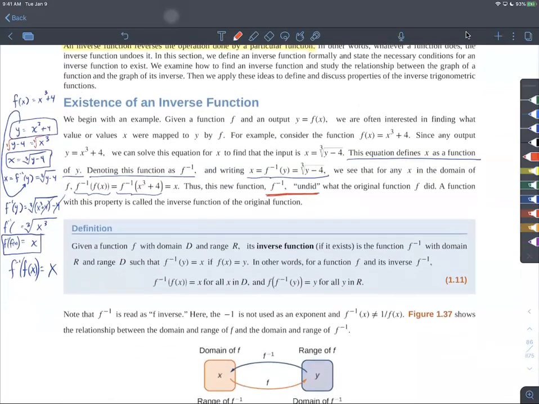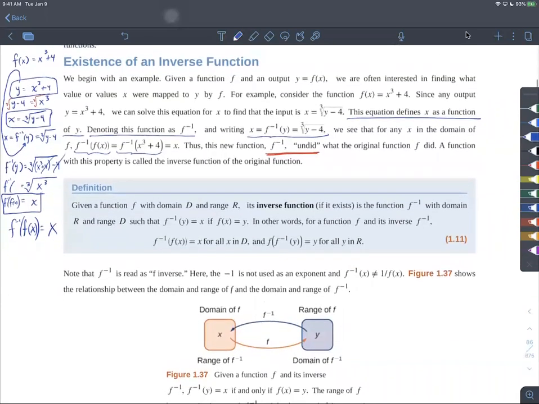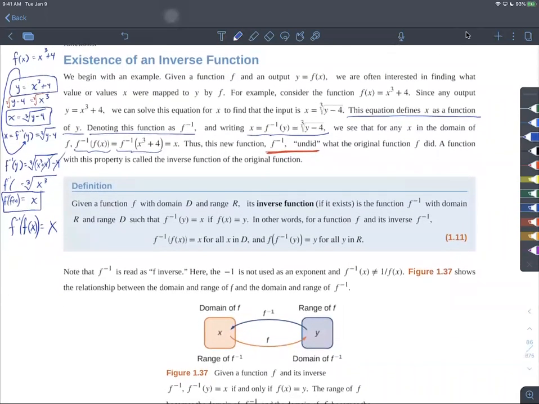Okay, so let's go ahead and go over the definition. I'm just writing in the margins here; we're just reading the textbook.